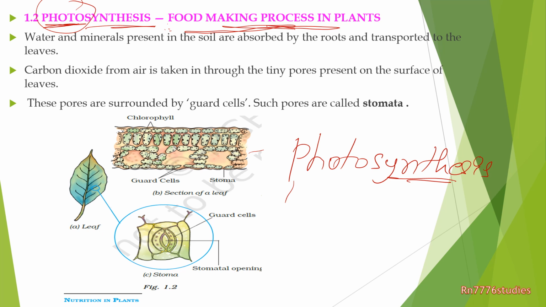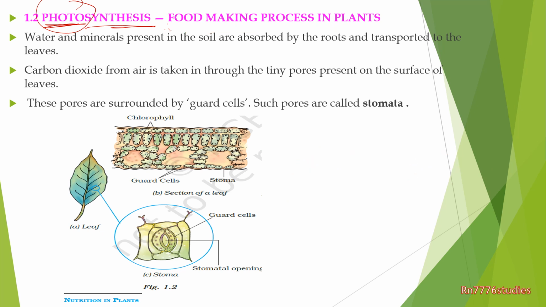Let us see how. Plants are not humans who cook food or directly eat food. They prepare their own food in the presence of sunlight. Water and minerals present in the soil are absorbed by roots and transported to leaves. I'm bad at drawing, so please ignore the diagram.